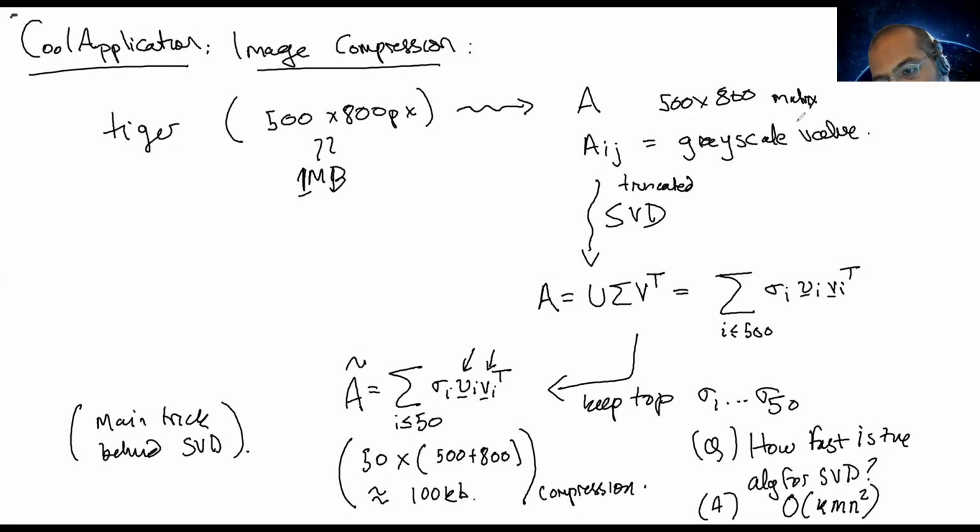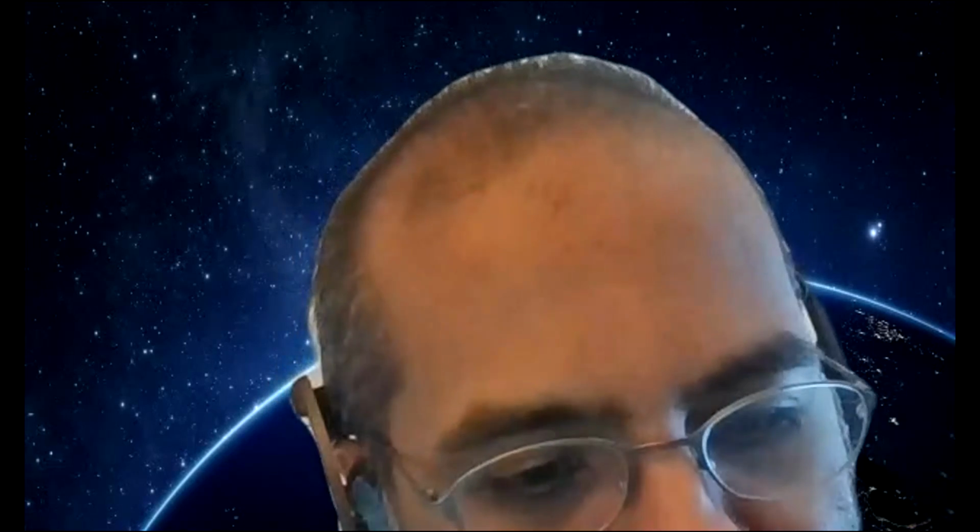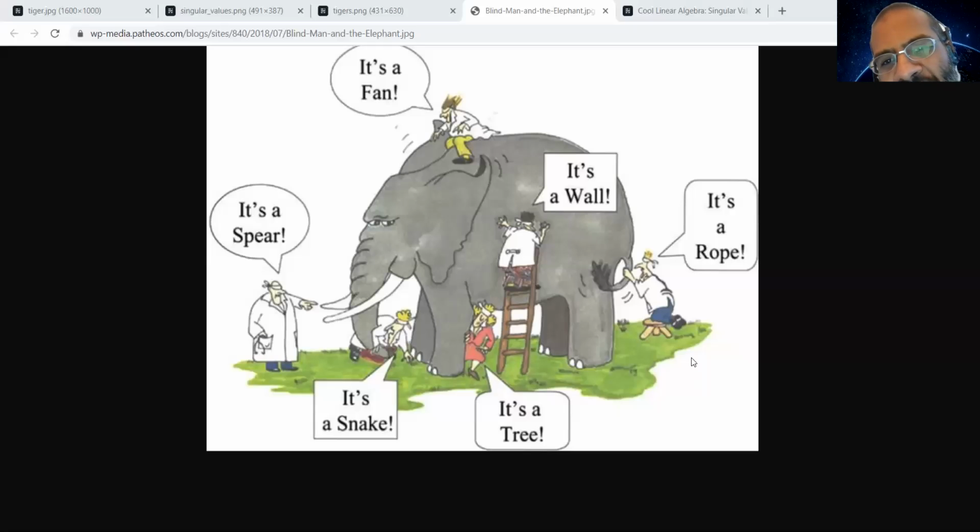Okay, so that's what I want to say about SVD. And that is the end of the linear algebra portion of the course. Maybe we'll just pause for a moment and look at this picture, which maybe now you understand why I showed you at the beginning.